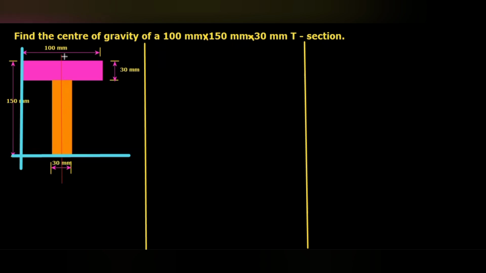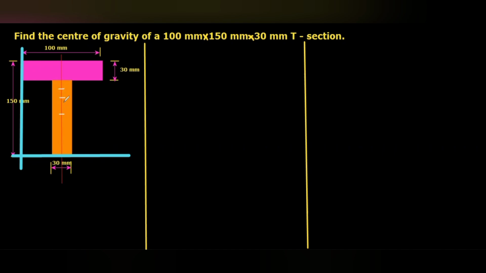This is symmetrical about the vertical axis. It means that the center of gravity of this T section may be here, whatever, but it should lie on this vertical axis, since the T section is symmetrical about the vertical axis.